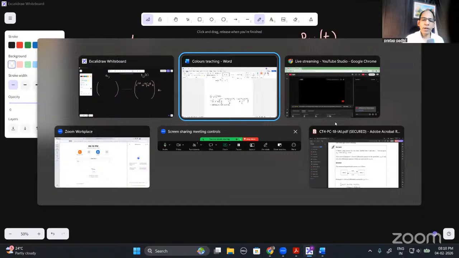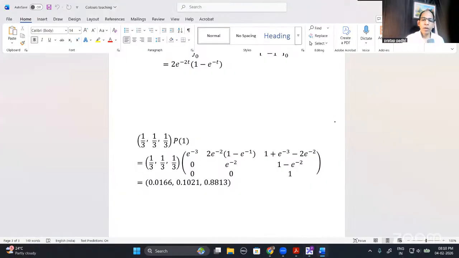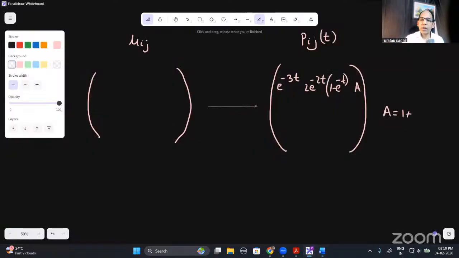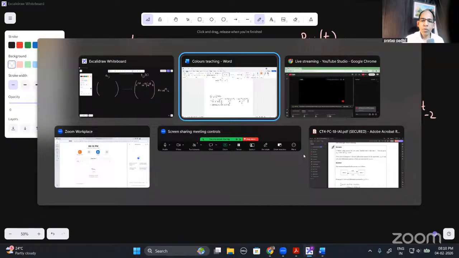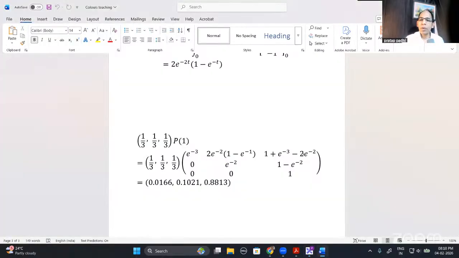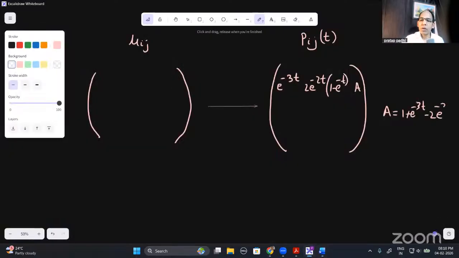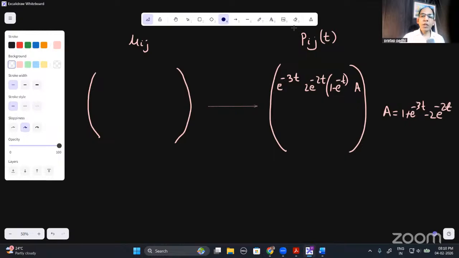Let me write it here: 1 plus e to the power minus 3t and 2 minus 2 e to the power minus 2t. You can always get it from these two because the total sum will be 1. These are probabilities, but not for 1 year. These are probabilities after time t.